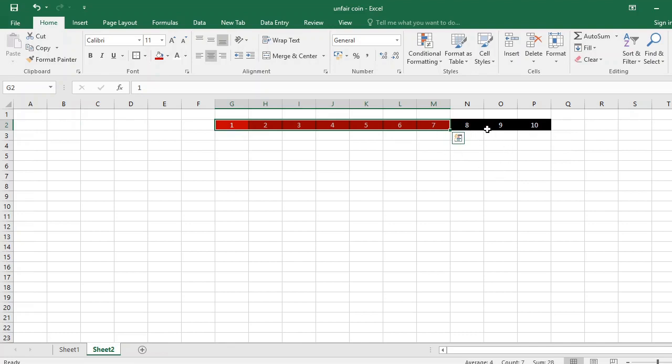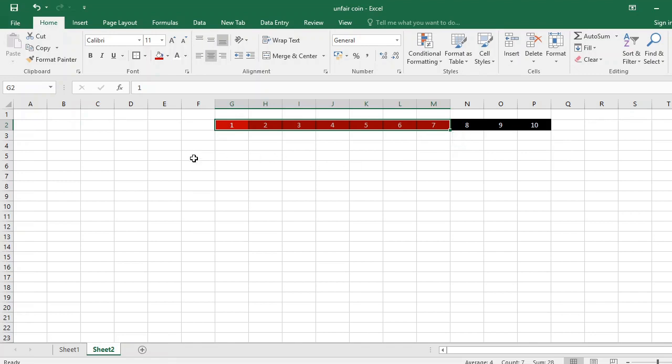But if you get 8, 9 or 10, then you consider that you have got tails. So despite the fact that the function generates the numbers 1 to 10 with uniform probability distribution, we have partitioned these numbers in such a manner that 70% of the outcomes will be assigned the symbol H and 30% of the outcomes will be assigned the symbol tails.